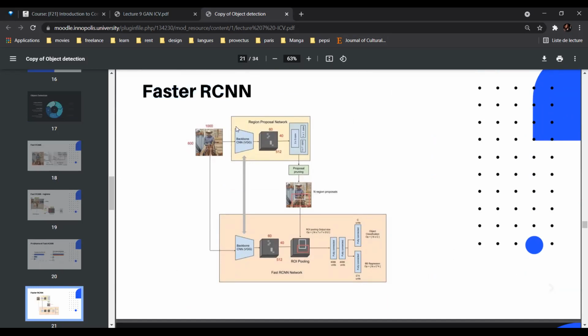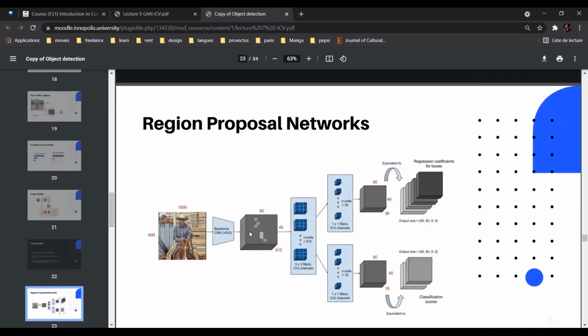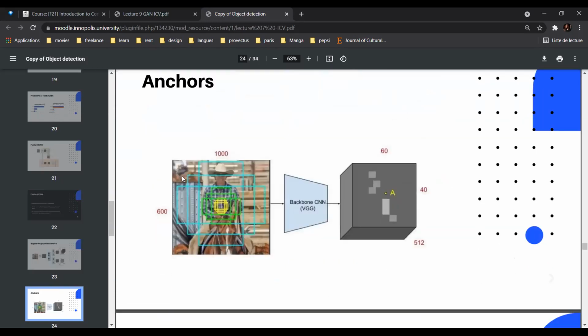Faster RCNN proposed a region proposal network very similar to what we proposed at the start of the lecture. This region proposal network slides a set of classifiers, or a set of anchors with different shapes, sizes and ratios, throughout the convolutional feature map, and tries to predict whether this area belongs to an object or not.